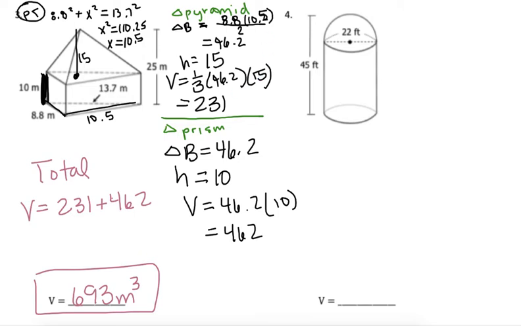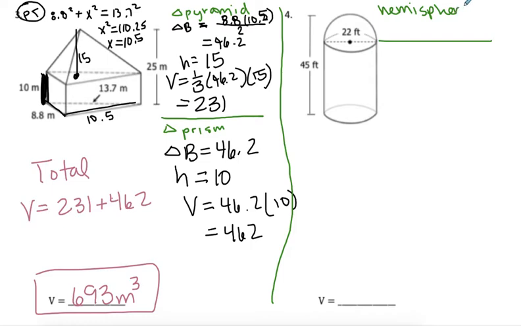All right, so our last one today, looking at our number 4. And so again, we don't have a formula for this specific object. So we break it into more manageable pieces. And so I see what I'm going to call a hemisphere. And I hope we've heard that word before, as far as like the globe has the northern and southern hemispheres.